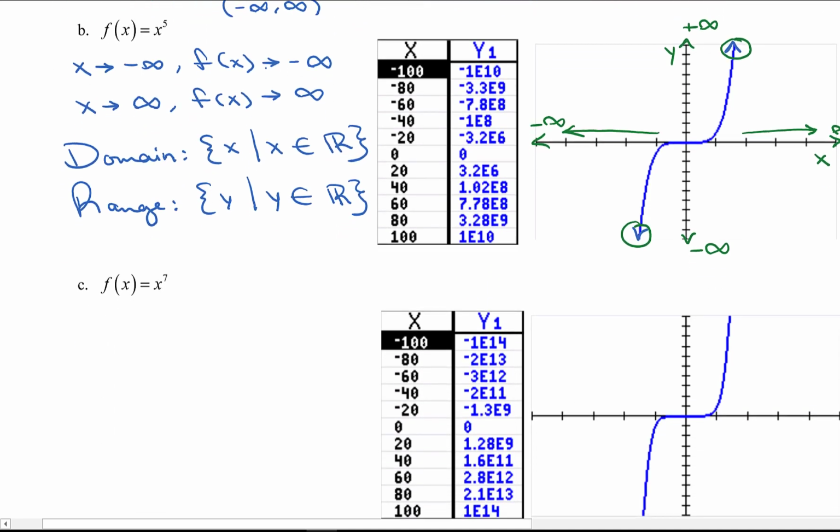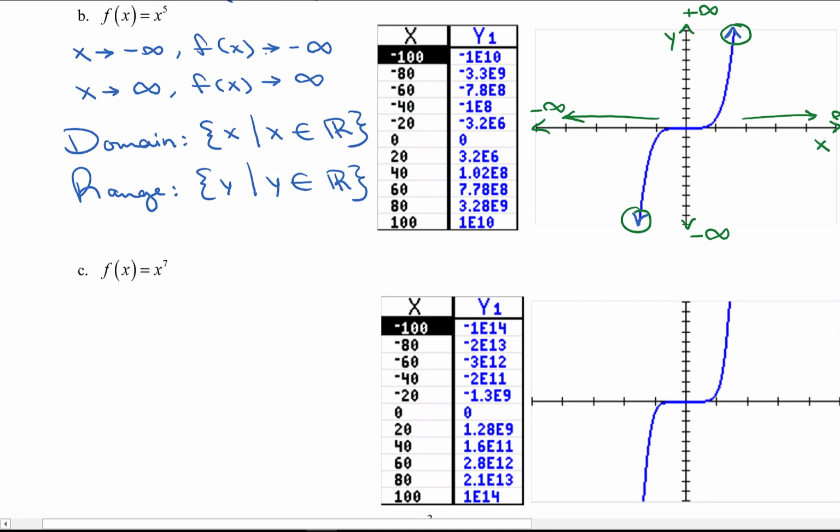The only difference you see here with these graphs is it looks like they get larger much faster when you are raising these to higher exponents. If we're comparing these here, this one, 1 times 10 to the 10th power, that's a 1 with 10 zeros. 1, 2, 3, 4, 5, 6, 7, 8, 9, 10.